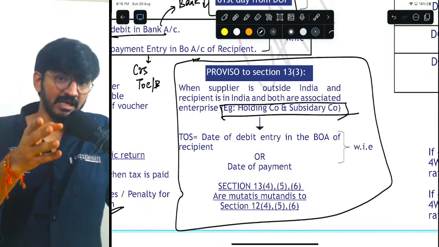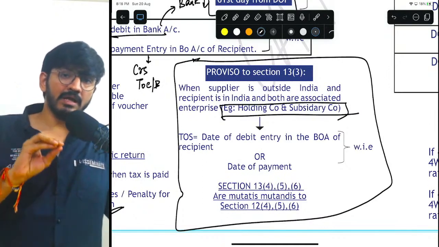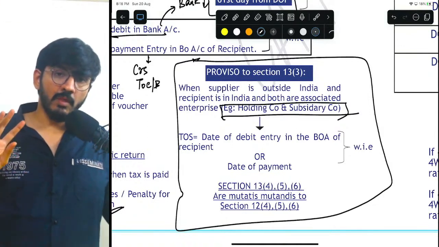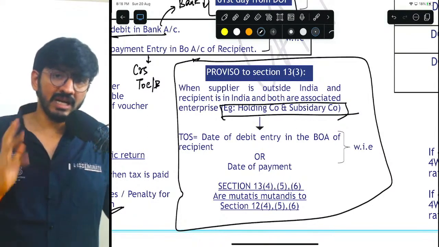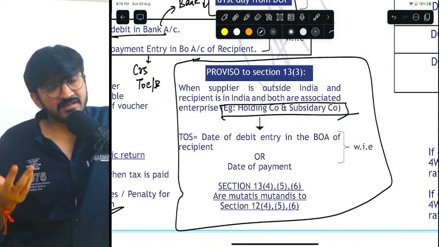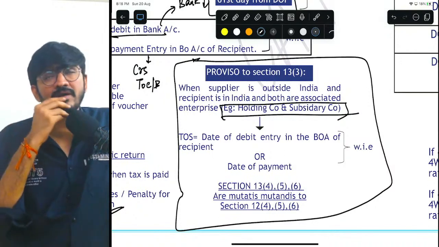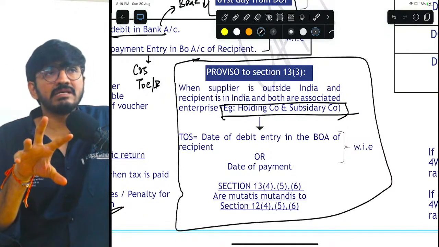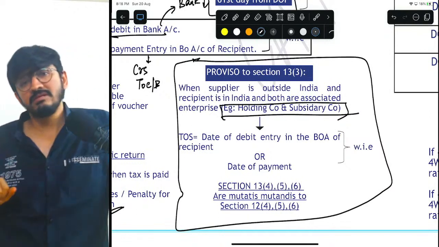This is a trick question that they keep asking. For example, it says B Limited imported service from A Limited of US. Generally, how does the human brain work? It works in a way that we remember half things.